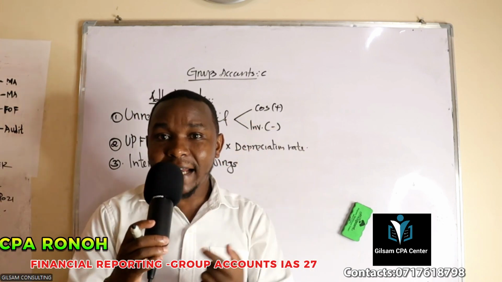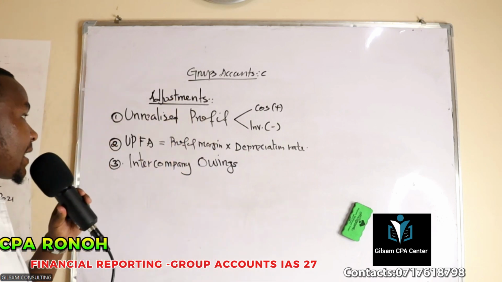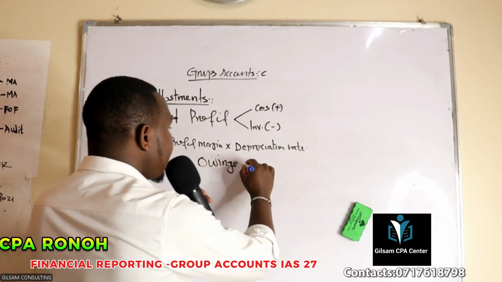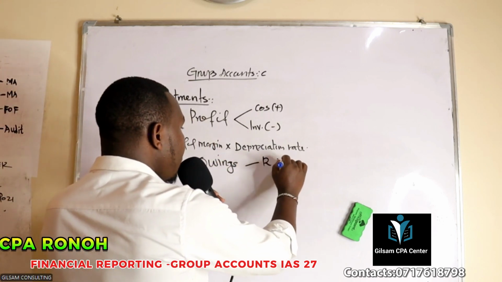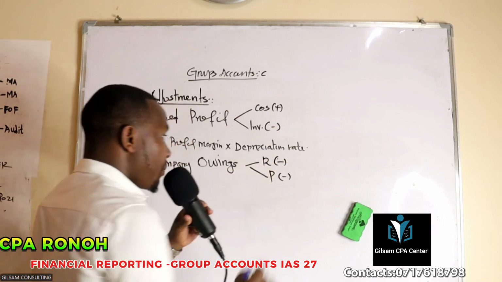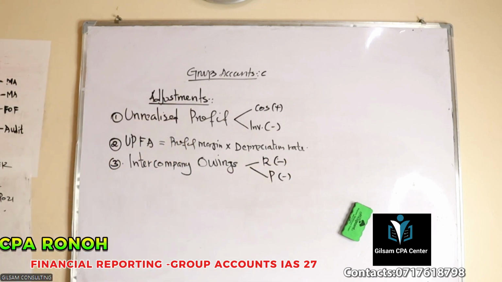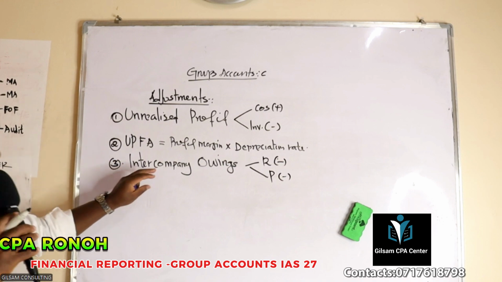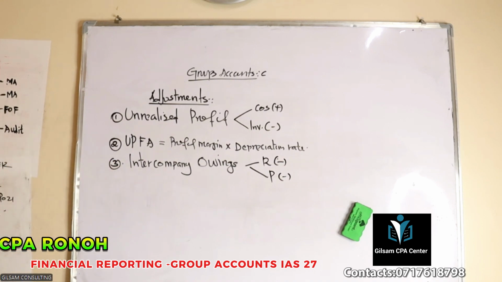So you must adjust the two. How do we adjust this? Subtract the receivable, and also subtract the payable. That is intercompany owing.